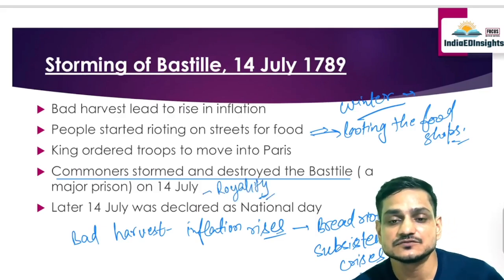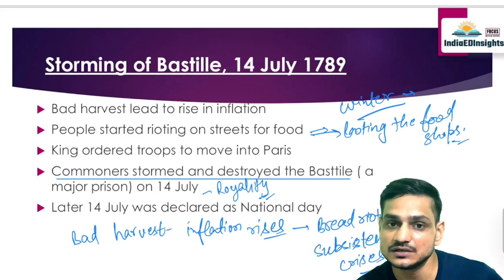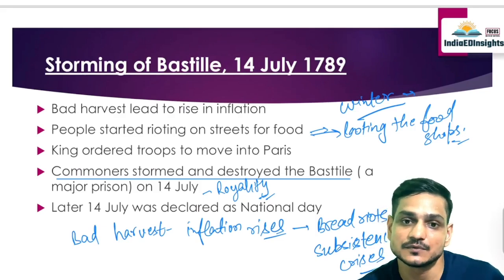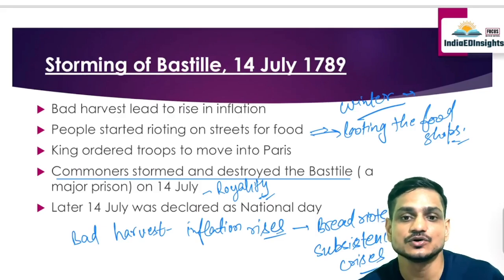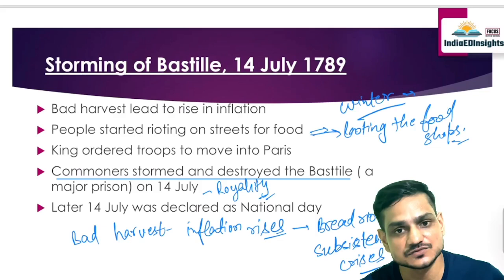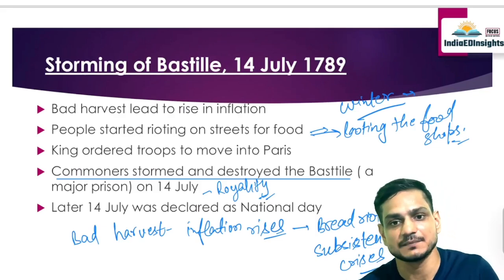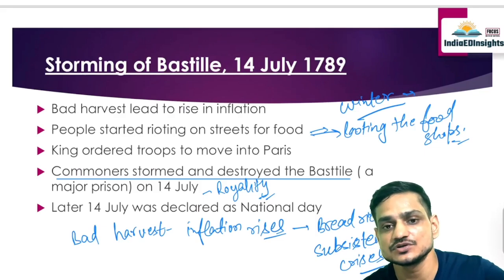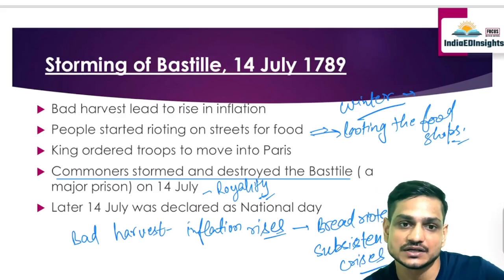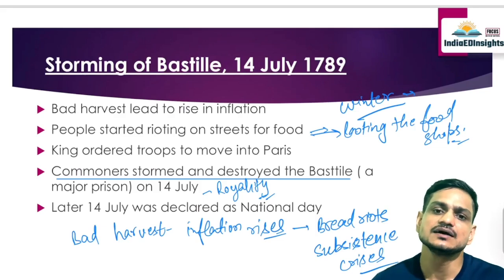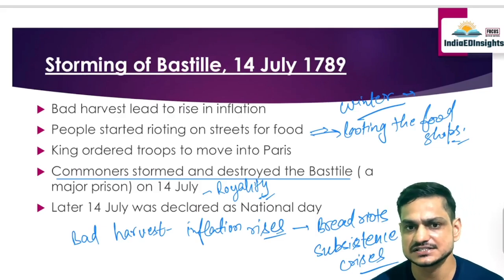That's why people moved to the Bastille prison, stormed its wall, and also took over the arms from it. The Bastille was a major prison in Paris. Later, because of that event, 14 July was declared the National Day of France.